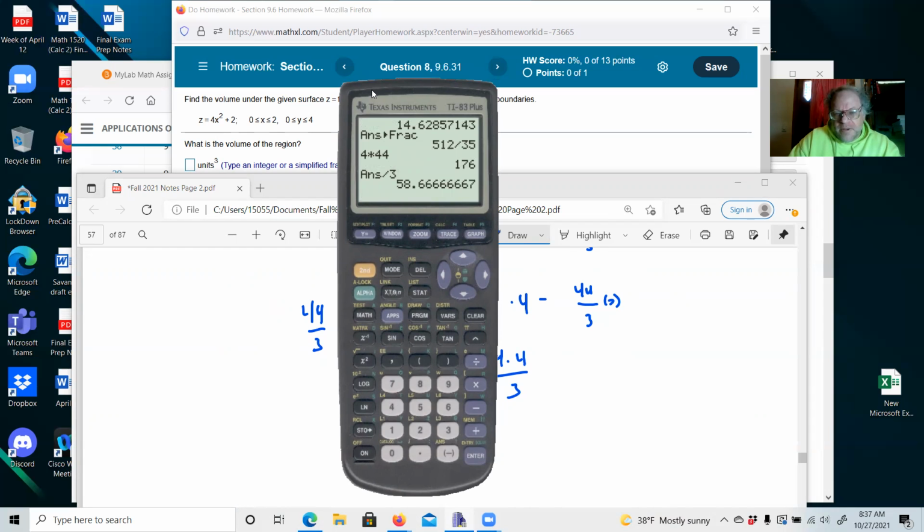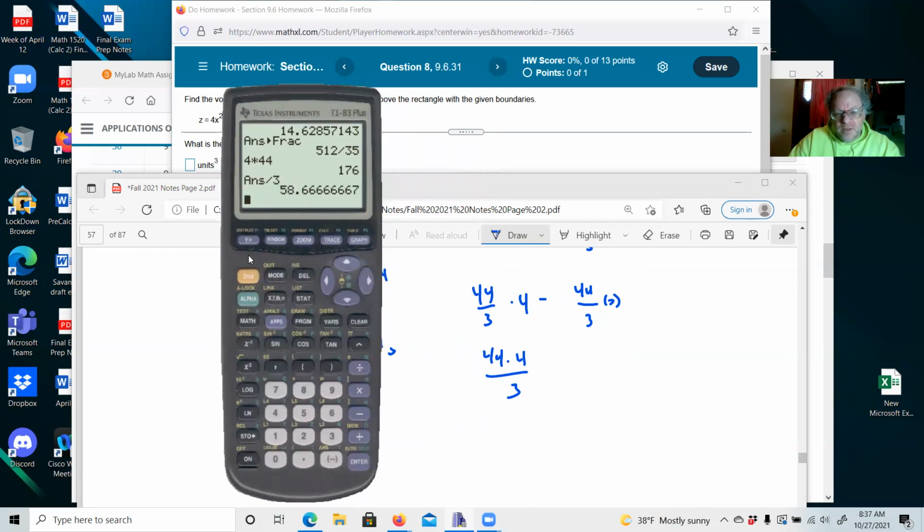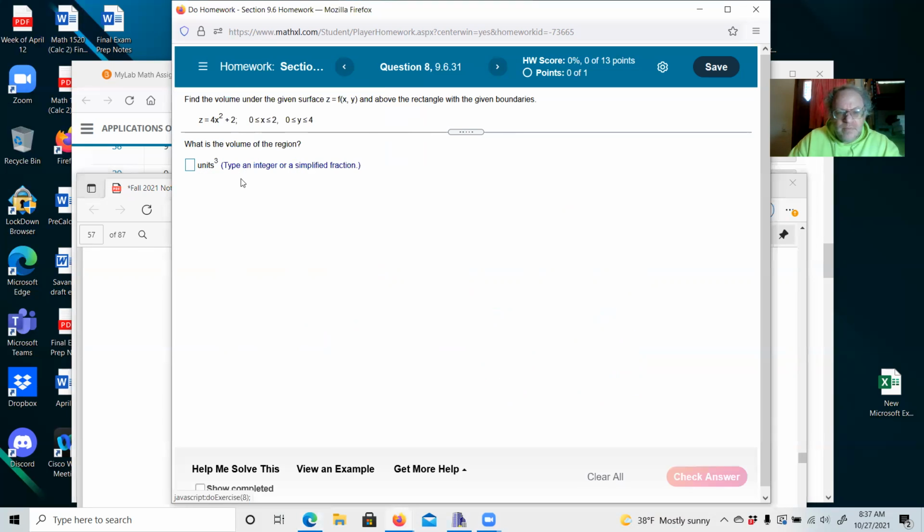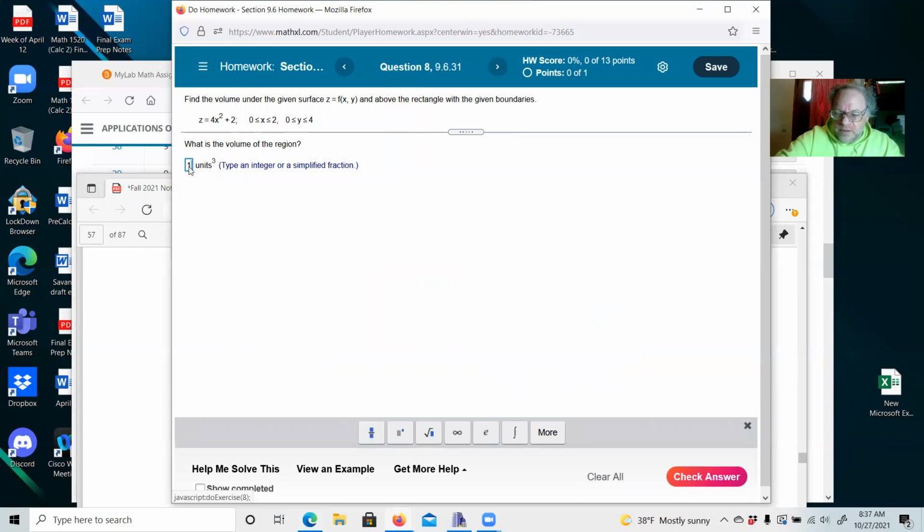Now they're not going to like this. If you did end up with this value, go back to math. This first one here is the fraction button. It's going to convert everything into a fraction. So we get 176 over 3, and that's the answer they're going to want.